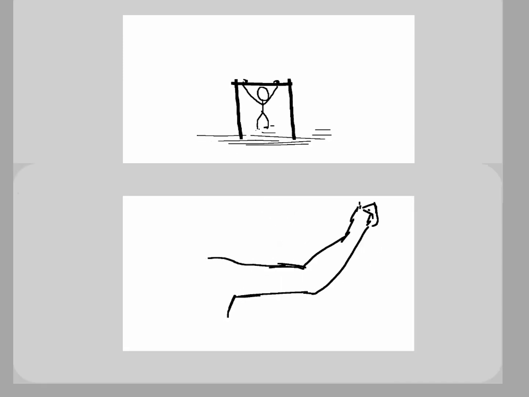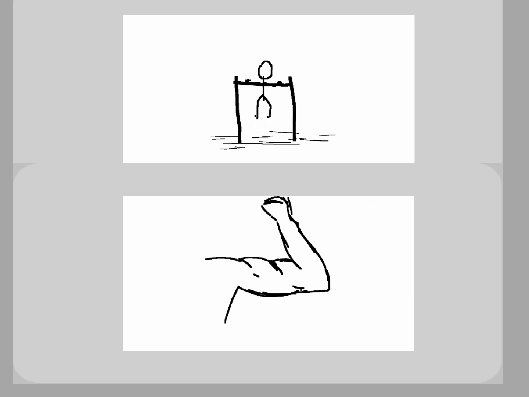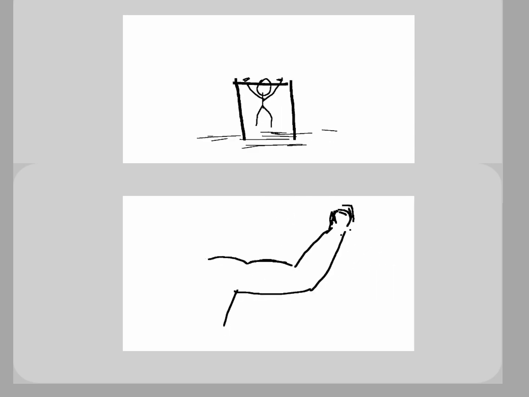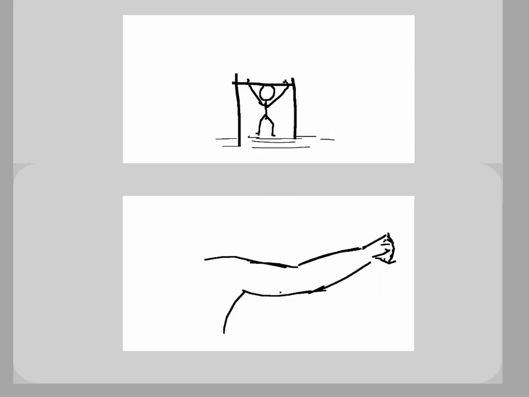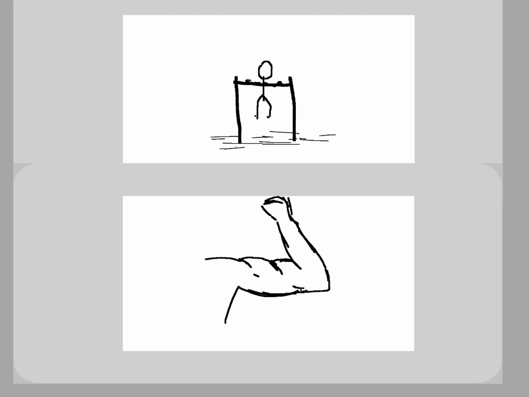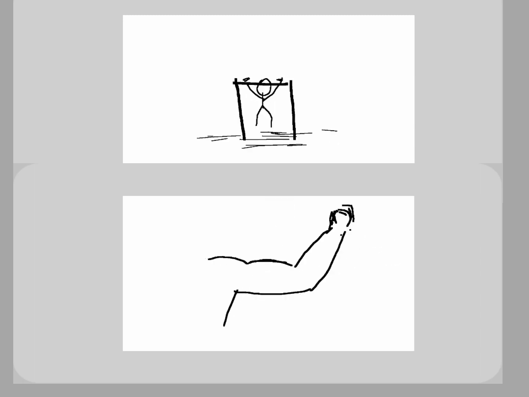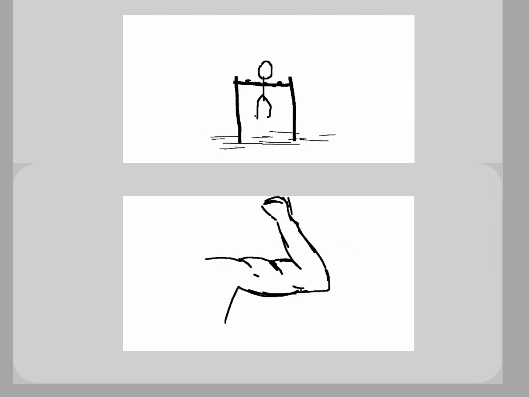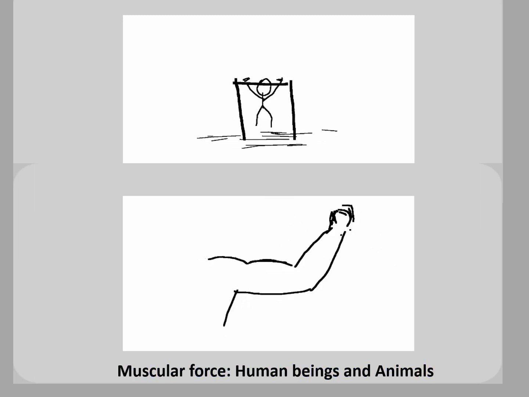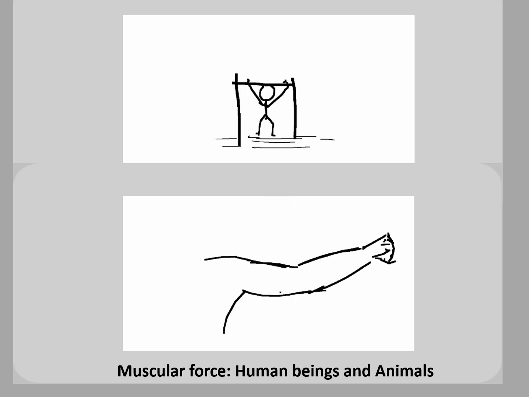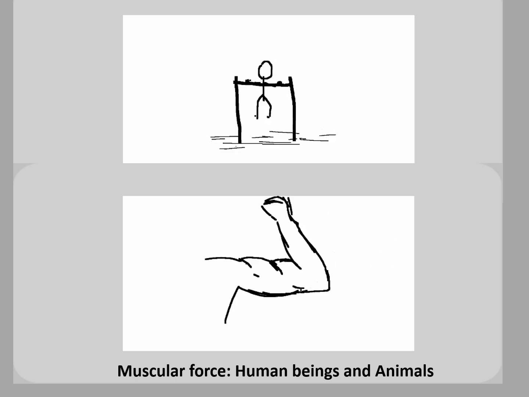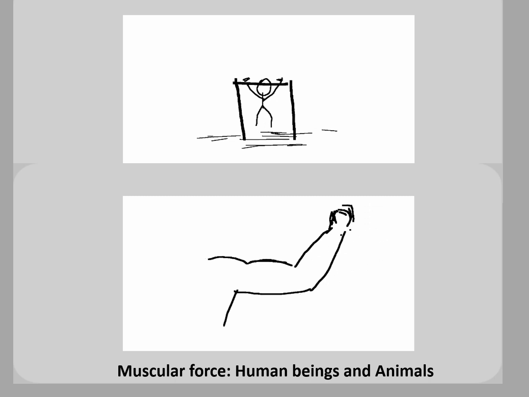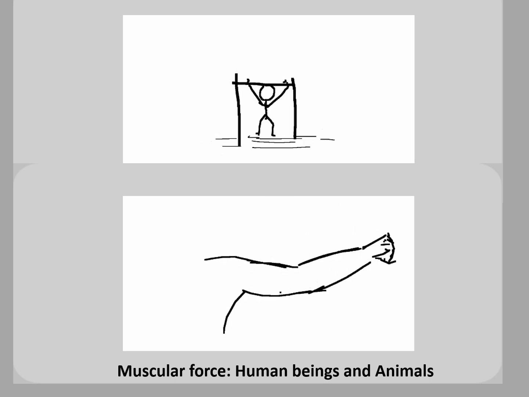In the second one, a person is showing his muscles or biceps by folding his arms. Those are the muscles that we use to work, or we use muscular force. Not just we, but animals also use muscular force to do different kinds of work like walking, jumping, running, etc.